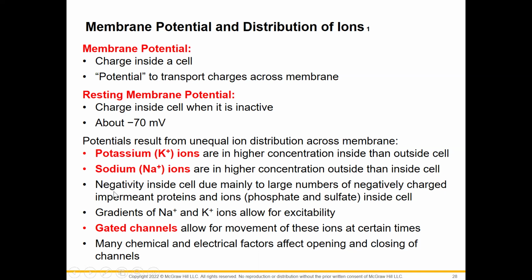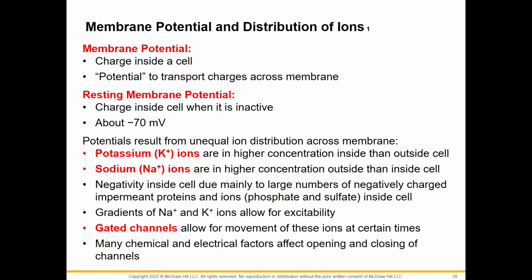The negativity on the inside of the cell, remember the inside of the cell is more negative than the outside. That negativity inside the cell is mainly because you have a large number of charged particles and proteins on the inside of the cell that are impermeant. Impermeant basically means that that molecule, that protein, cannot move across the membrane.